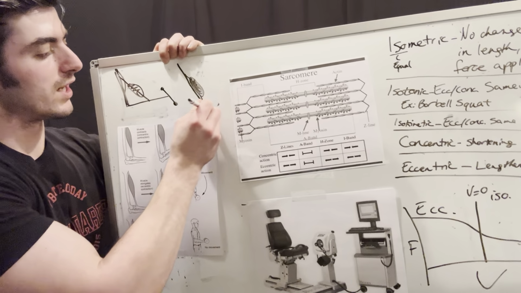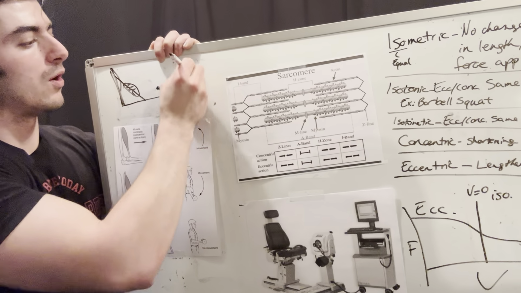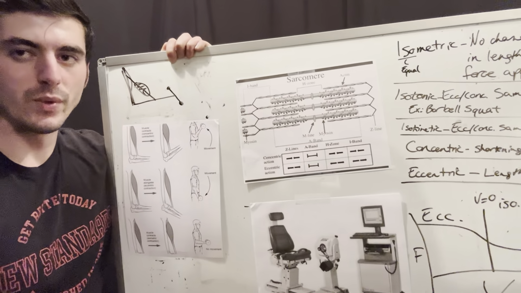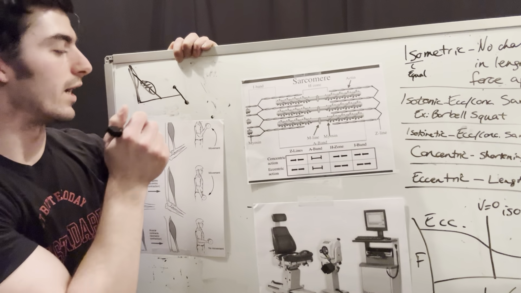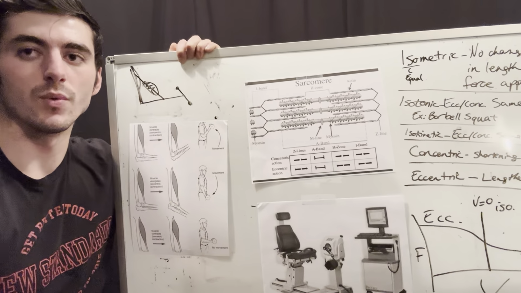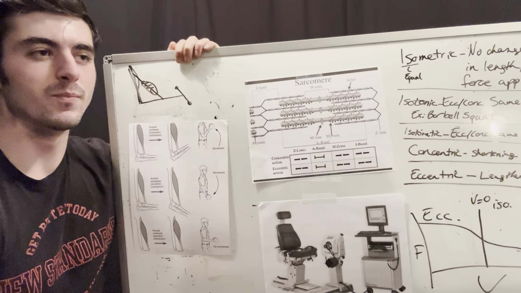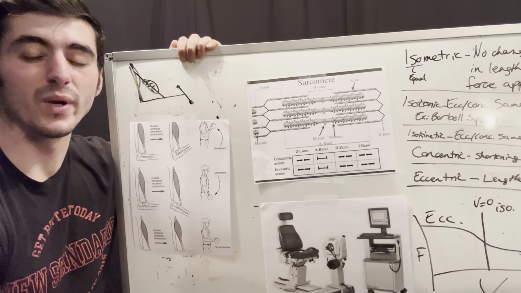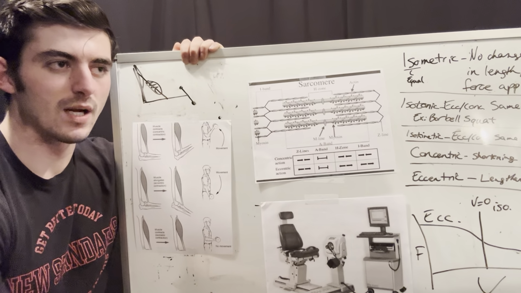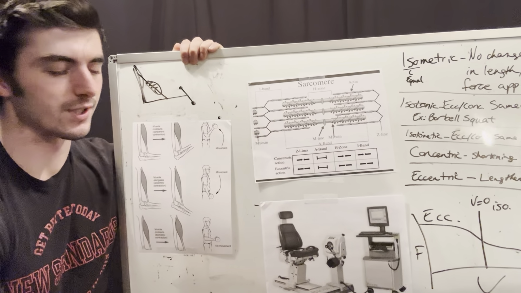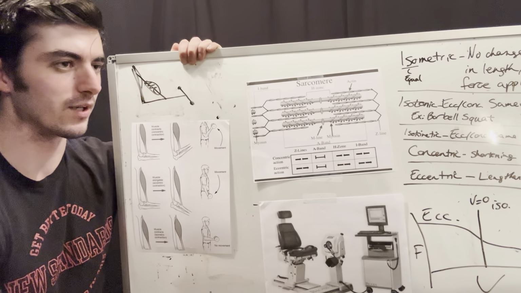Within an isometric contraction, what actually happens is our muscle length is actually not changed whatsoever. This is pretty common in many rehab settings, as if we were to change the length of the muscle fiber, it may cause extra irritation to the muscle tissue itself.